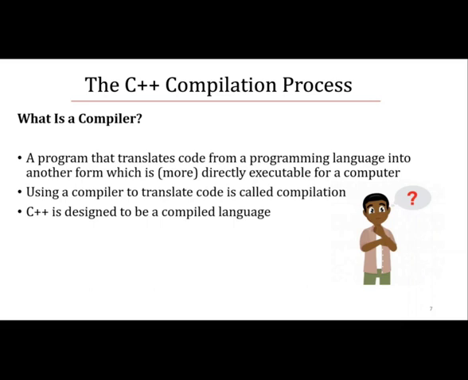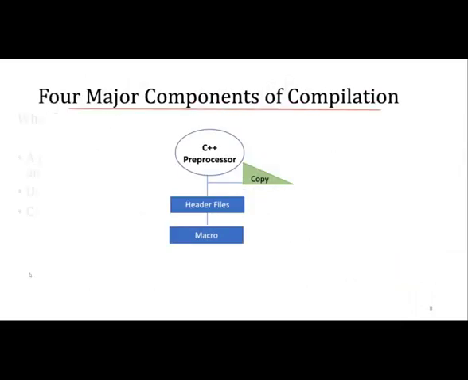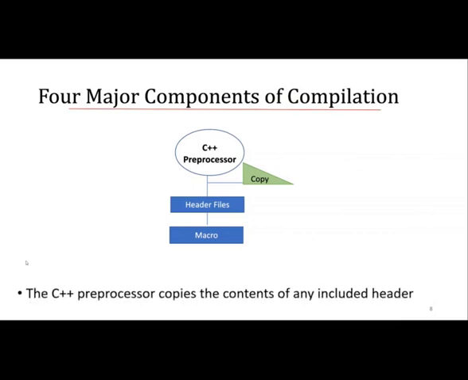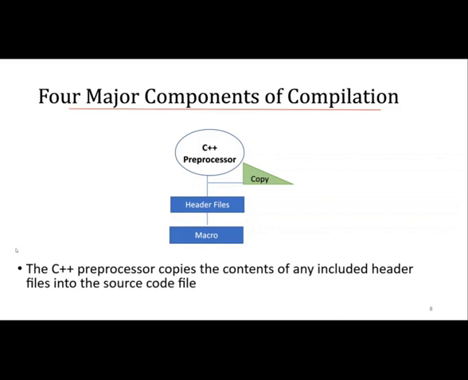Now let's take a look at some of the major components of compilation. So we see here that the C++ preprocessor copies the contents of any included header files into the source code file. And then, as I said before, it generates the macro code and replaces symbolic constants defined using the hashtag define with their values.